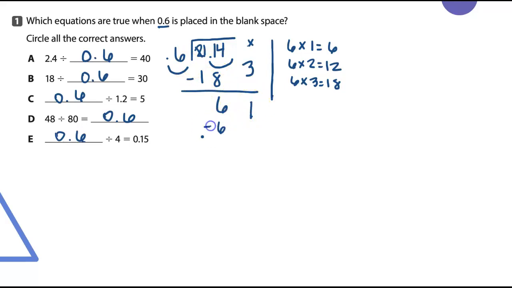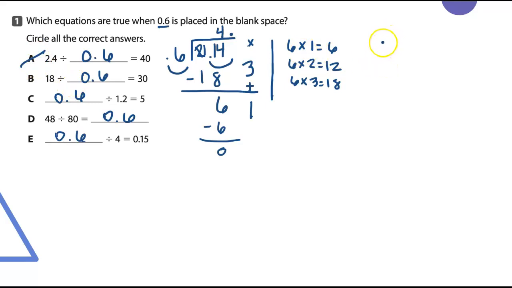I have 6, I subtract, I have a remainder of 0. When I add 3 and 1, that gives me an answer of 4. Because I moved my decimal in the divisor and in the house, my decimal stays right there. So I have a whole number of 4. Is that the same as 40? It's not, so it can't be A.